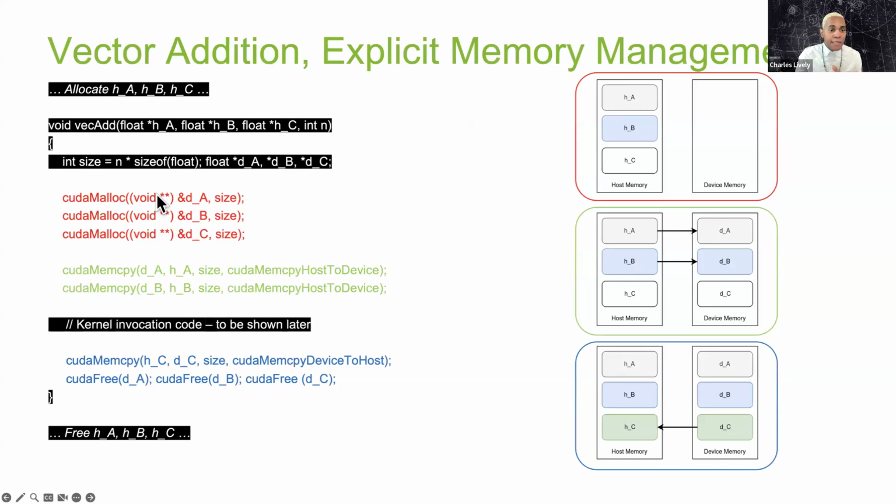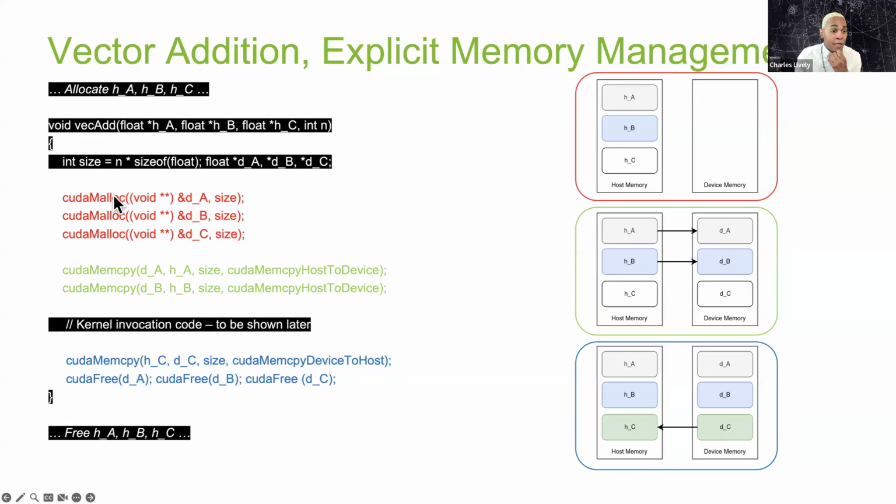And so let's see how that would be in action with our updated example on vector addition. Here we have our vector add command occurring, and then we have our function declaration for vector add, and we see we're passing in pointers host A, host B, host C into it. Inside of the vector add, we're allocating memory for each device.